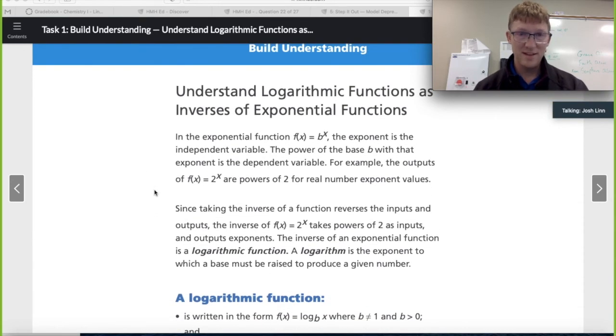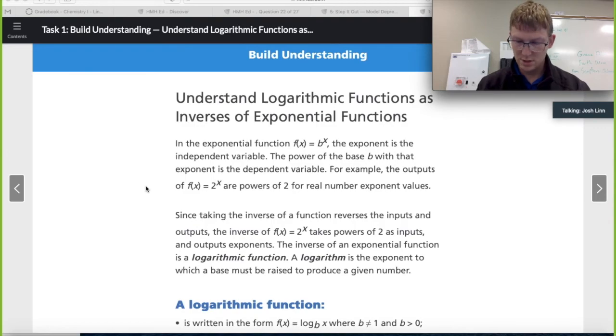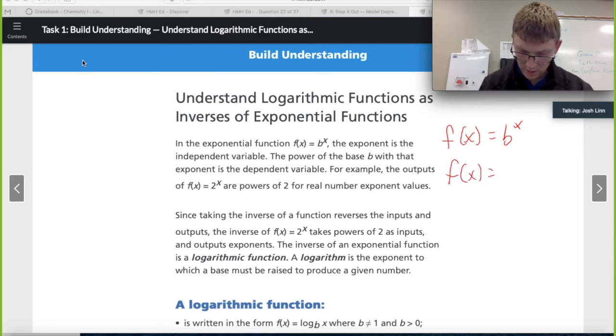So basically, we have this function f of x equals b to the x, where b is the base. If we were to put an actual number for the base, we're going to use 2 as that number.